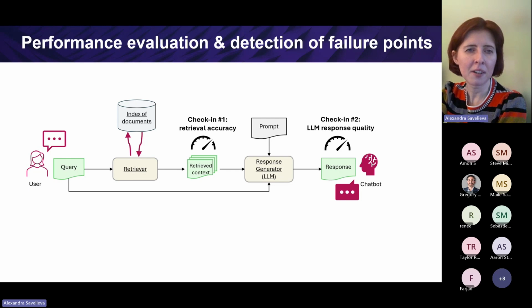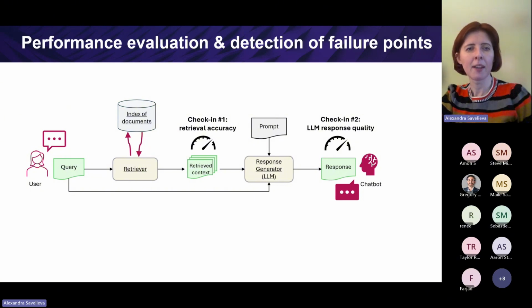So you could also imagine check-in number 0 between the index of documents and ingestion, because we want to make sure that all of the data which we think should be in the knowledge base is actually already there. Because again, if the retriever goes to the index of documents and the index is not complete, it won't be able to give us 100% retrieval accuracy.